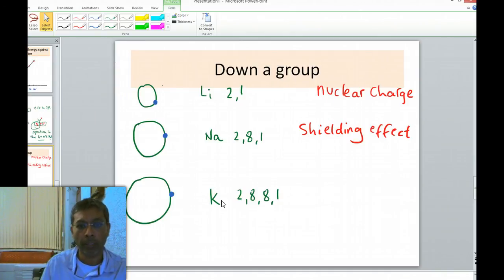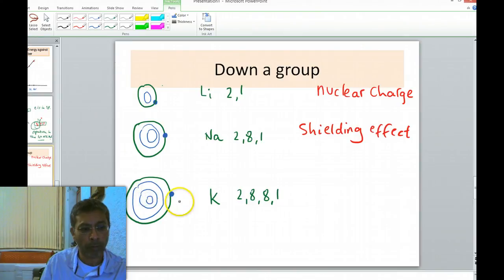But what else is happening here is the shielding effect is changing also. The shielding effect is increasing. Lithium has got 2 shells. Sodium has got 3 shells. Potassium's got 4 shells. 1, 2, 3, 4.